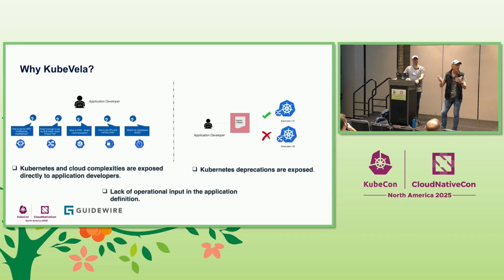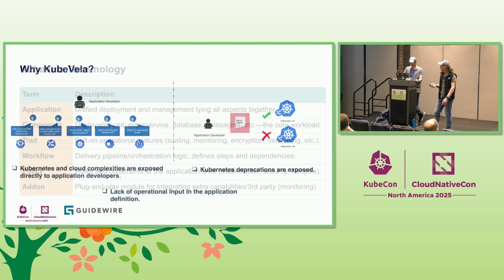So too much technology was exposed to the developer. Even if you try to build an abstraction, at the end it is a lot of things to deal with. The advantage of KubeVela is that it's a unification of all of that, a single technology and really an abstraction on top of it, really decoupling the application topology from its deployment.